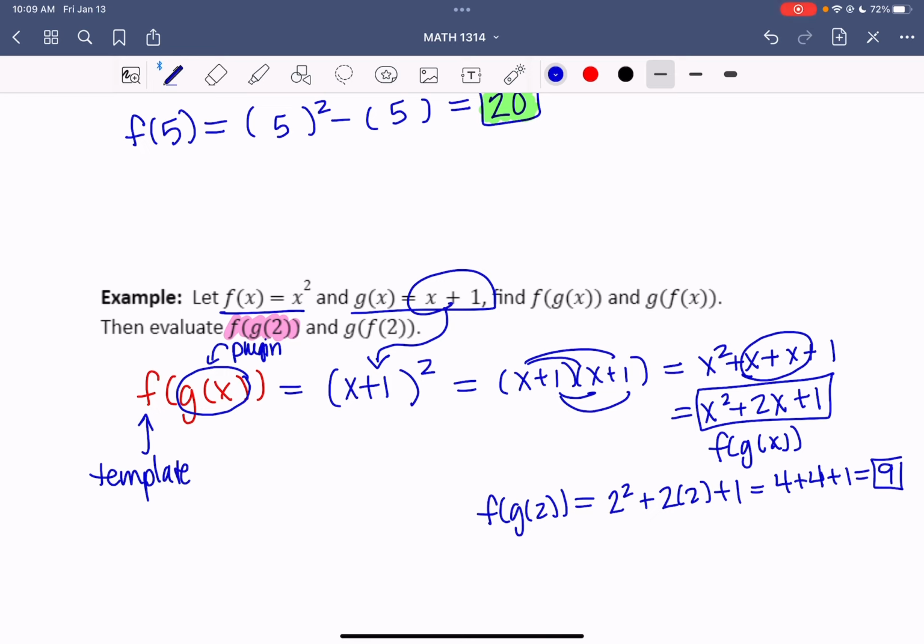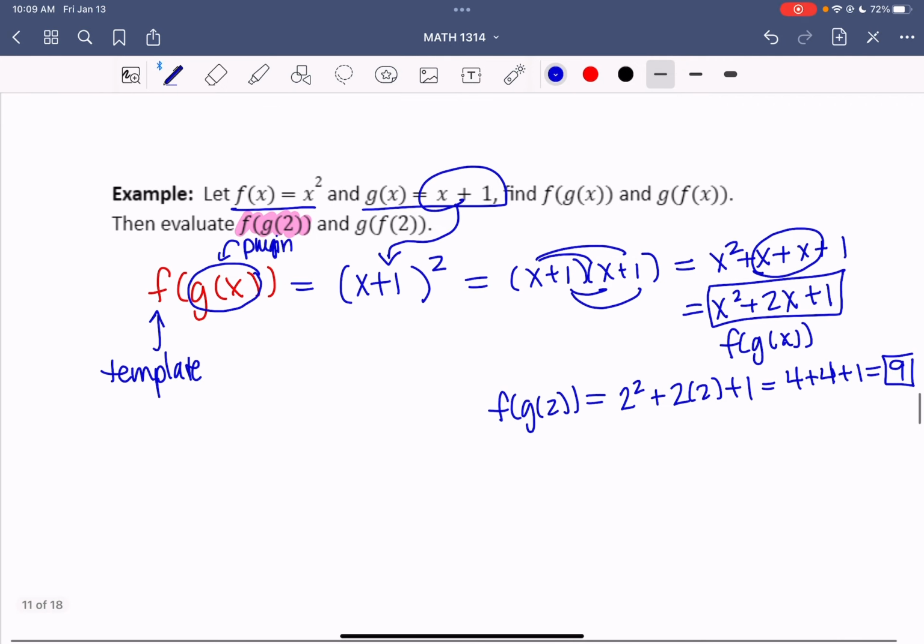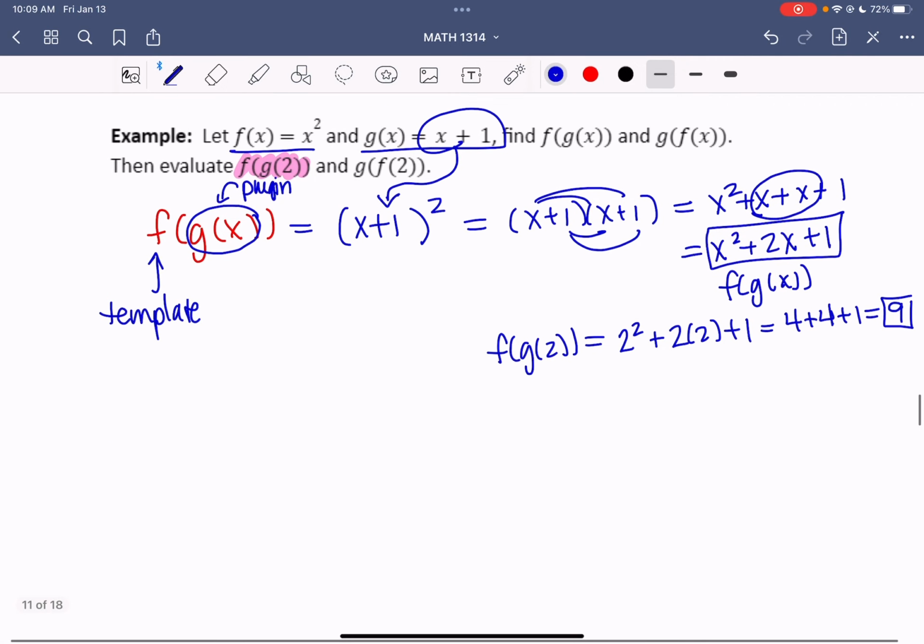Whereas in the first example, I started with 2, plugged it into g, plugged it into f. This one, I created the composition of the function and then plugged the value back into it. It's helpful to follow that process because I could have multiple questions afterwards. Also, maybe I don't lose a piece in between, so that's why it's considered a second method.